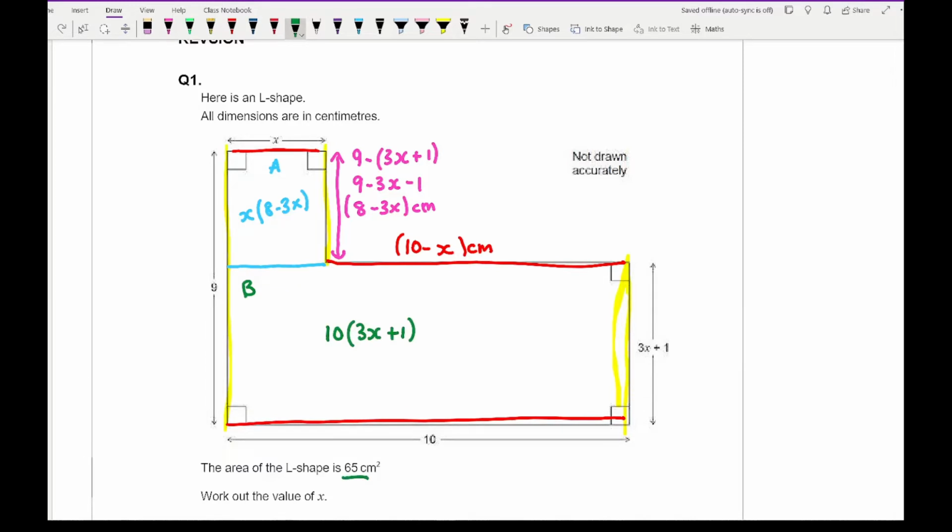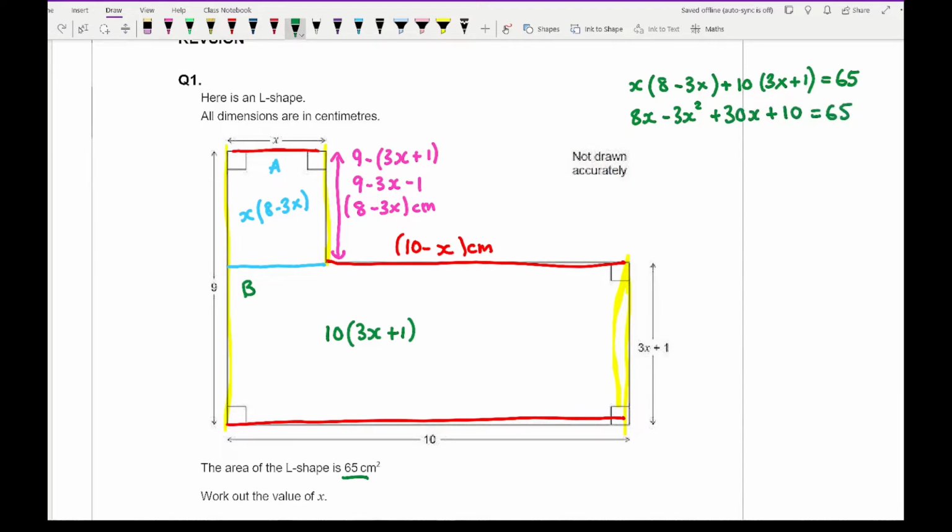So adding all them up, I get x times (8 minus 3x) plus 10 lots of (3x plus 1) all add up to 65. So then now if I expand the brackets out, I get 8x minus 3x squared plus 30x rather, plus 10 equals 65.